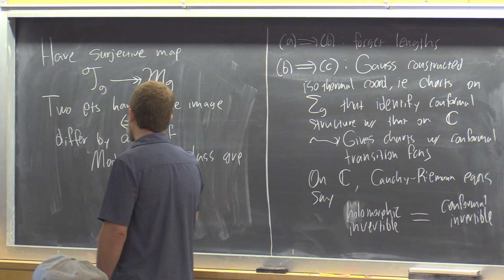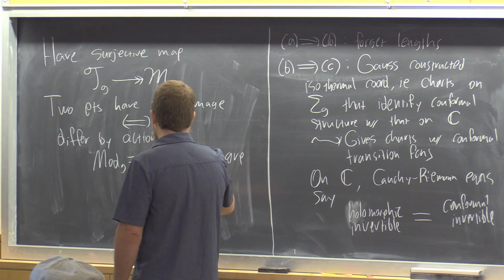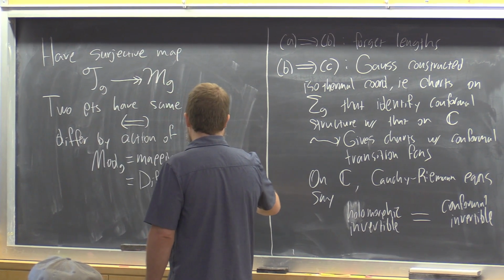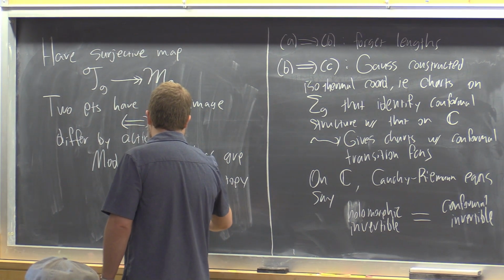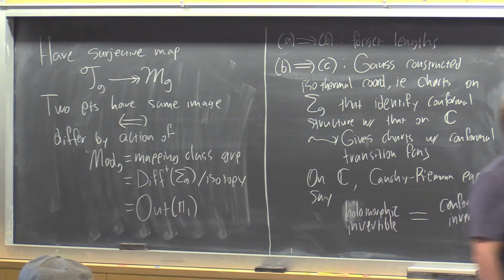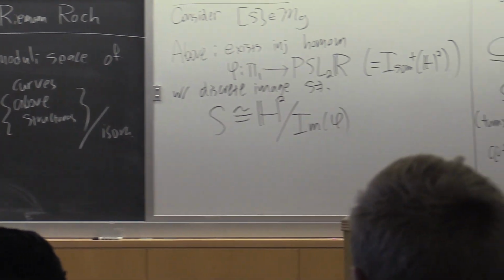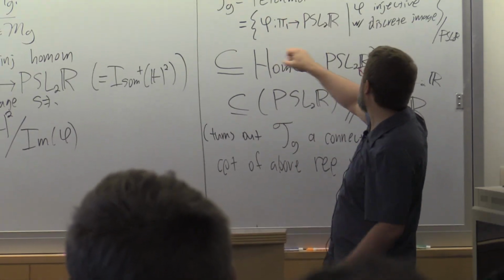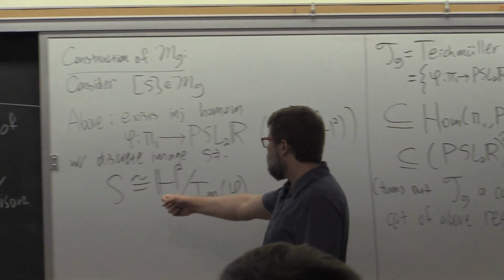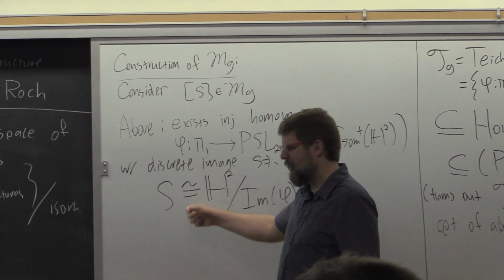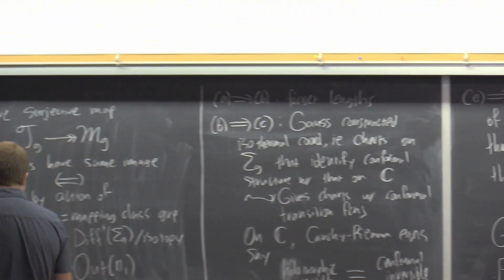There are two different ways to define it: the orientation preserving diffeomorphism group of the surface modulo isotopy, or the outer automorphism group of pi_1. This acts on these representations because the mapping class group acts on pi_1 up to conjugation, and conjugation doesn't matter because of the base point. So this eliminates the arbitrary choice of isomorphism.